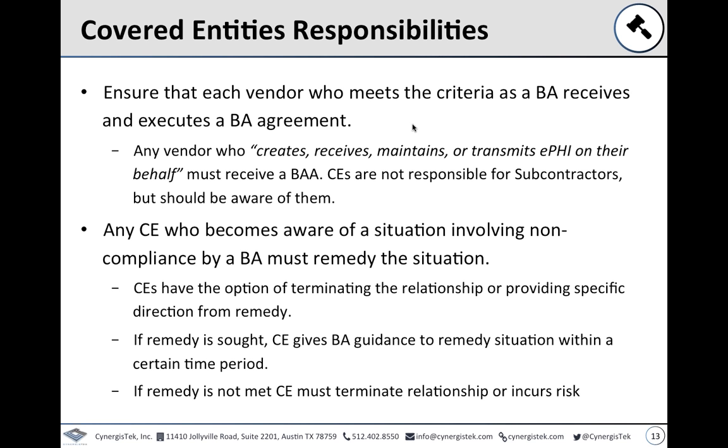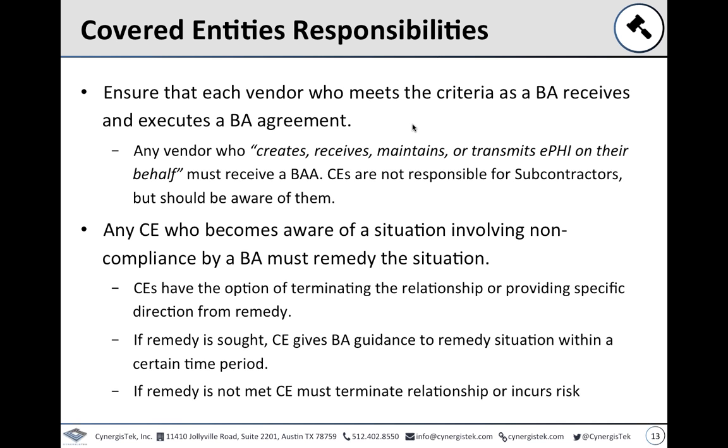The covered entities themselves are not responsible for obtaining the business associate agreement with the subcontractor, and it doesn't create an obligation on the covered entity to have any contract or agreement in place with these subcontractors. The relationship is wholly between the business associate, think of them as the prime contractor, and their subcontractor.